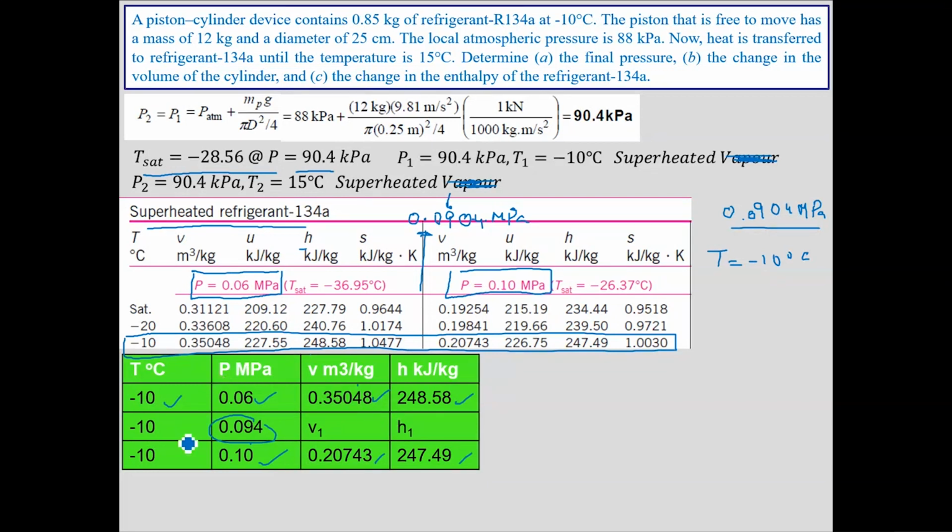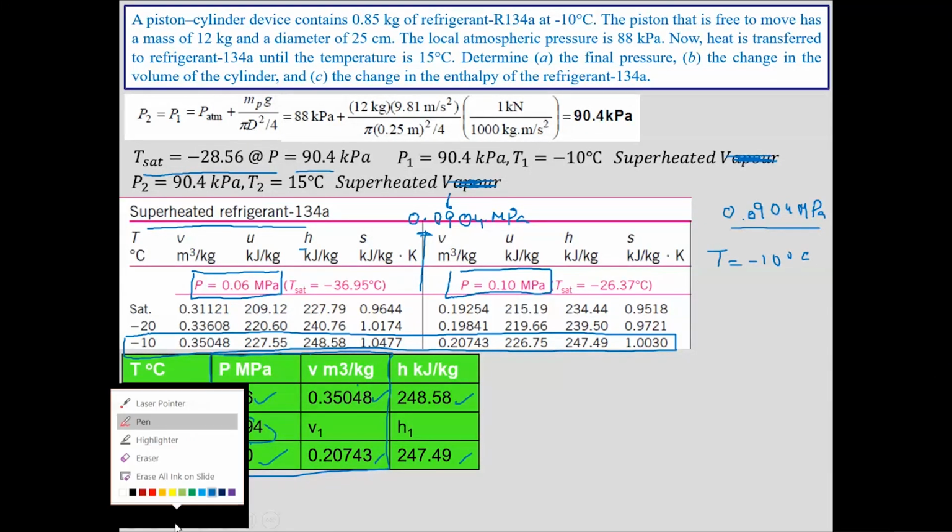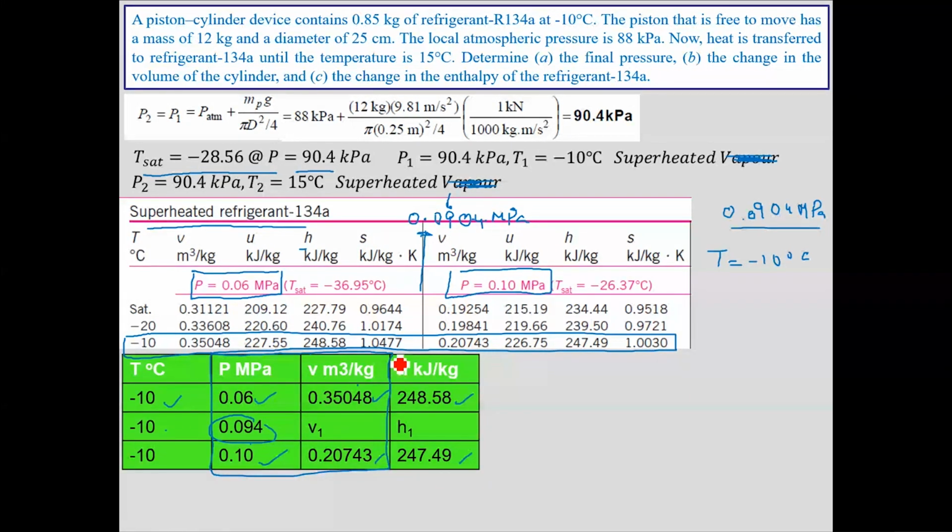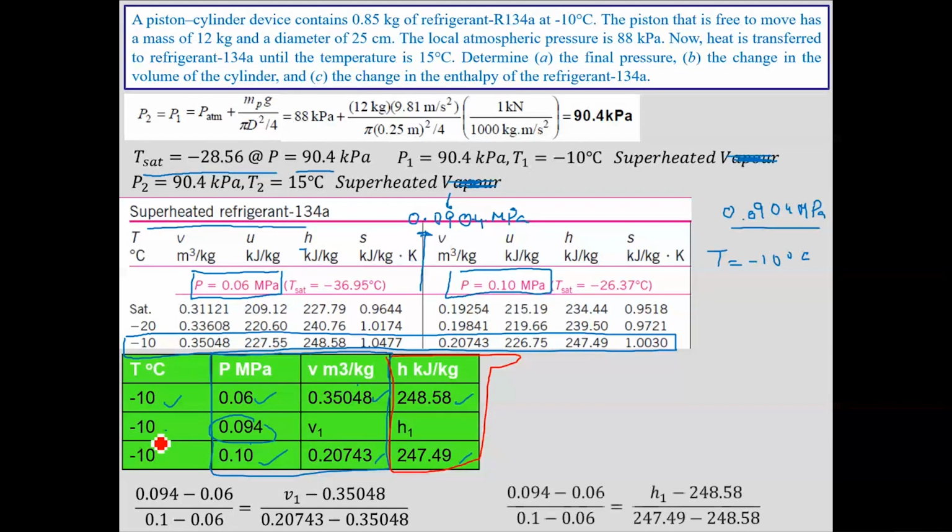First, at minus 10 degrees centigrade, you will use this table to interpolate and find the specific volume for 0.09 megapascal, and then you will use the enthalpy table along with the pressure table to find the interpolated value of enthalpy for 0.09 megapascal and minus 10 degrees centigrade. These are the interpolations that you have done for enthalpy and specific volume.